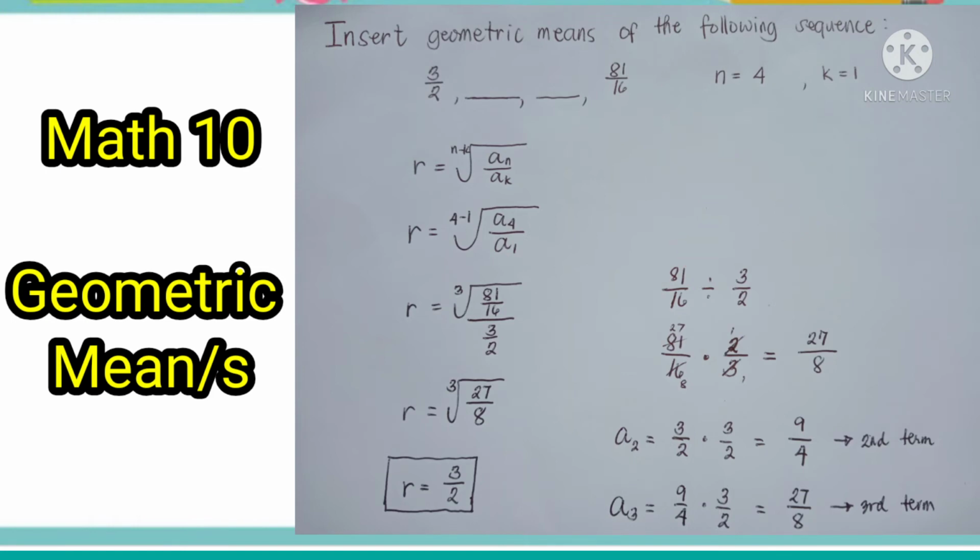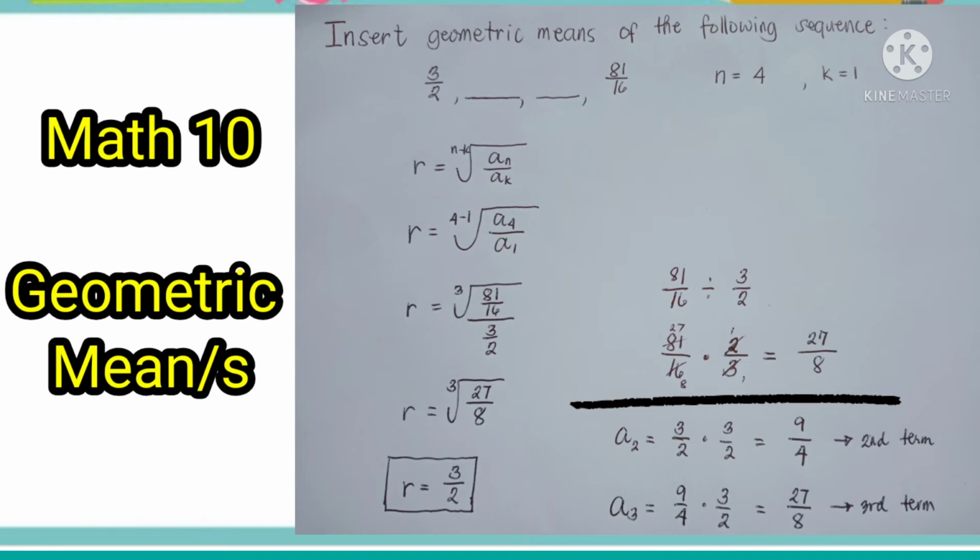So, to get the quotient, we will copy the first fraction, 81 over 16. Then division will be changed into multiplication. But we will get the reciprocal of the divisor, which is 3 over 2. That becomes 2 over 3.